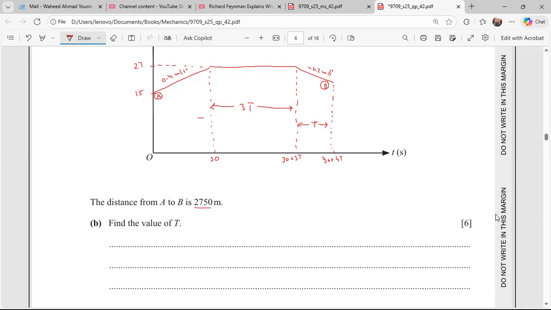So how can I find the area? The area is 15 plus 27, and its mean value times 30. I hope you remember this expression. So this is the formula for the area of this first trapezoid, plus the next section is a rectangle. The area of this rectangle is 3T times 27.